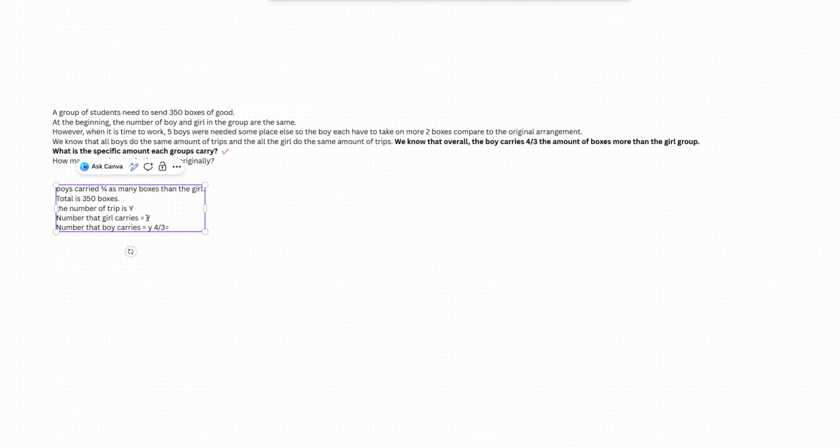Based on that, we can say that 350 equals the number of boxes the girls carry plus the number of boxes the boys carry. That is 7/3 y, so y equals 350 divided by 7 times 3.